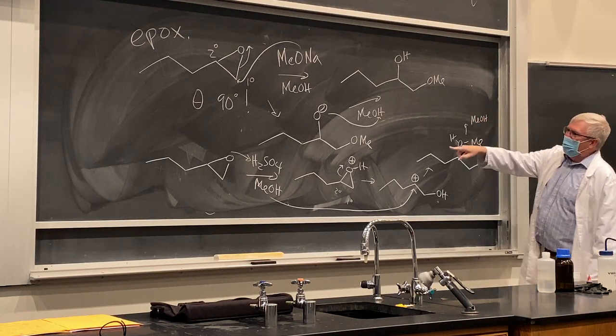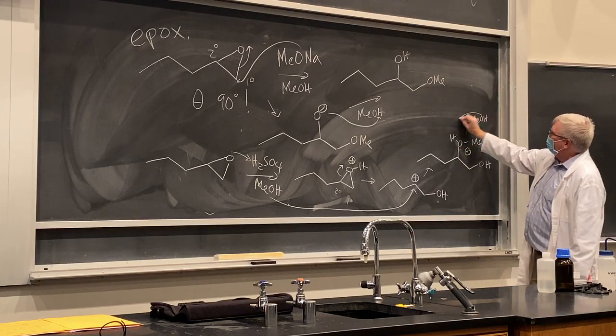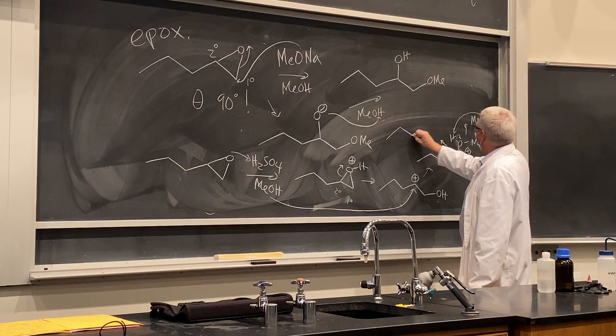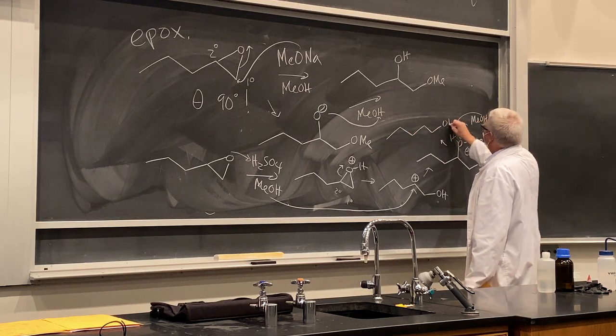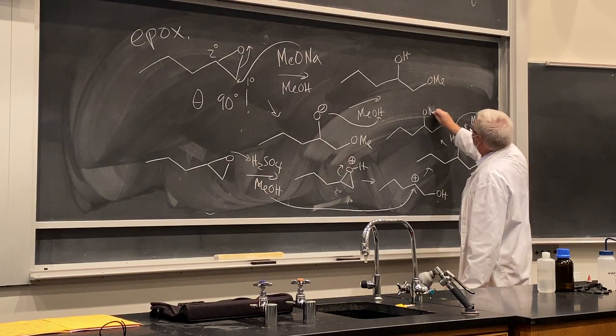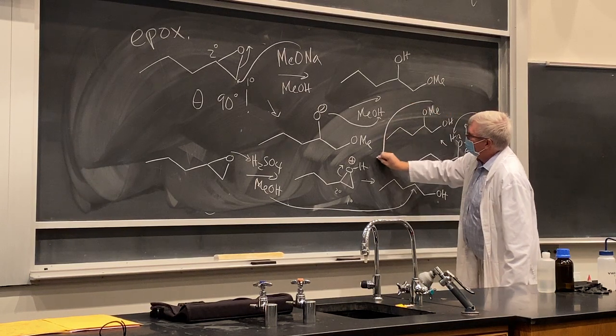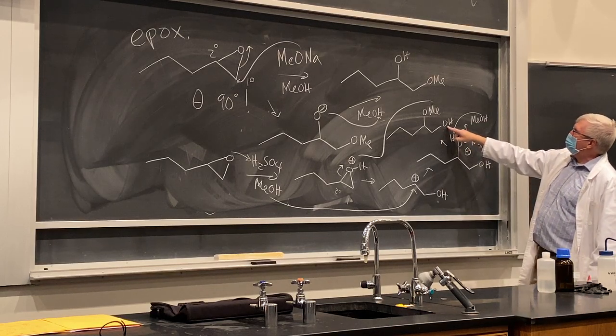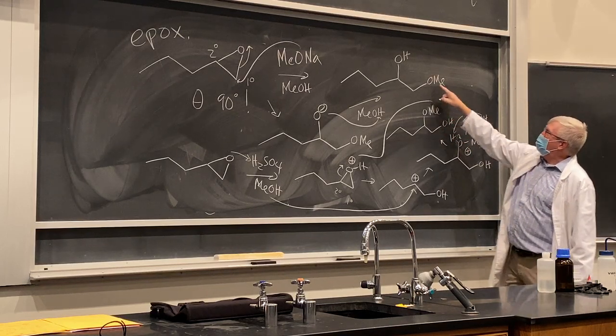Or we can use bisulfate. We started out with that. We can grab that proton here. And what do we get? We get this product, right? We get the ether at that spot, okay? And we get the alcohol at the primary position. We've just switched the groups here, right?